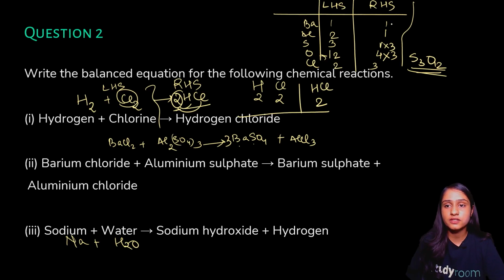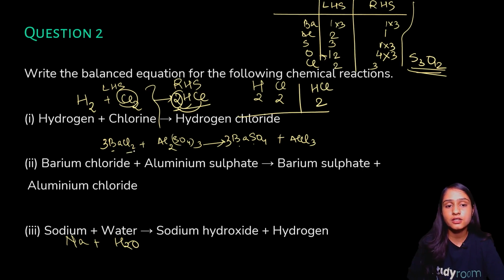What you see here is that barium got 3. Now you need to add 3 on the left hand side. So this is 3. This got 3. When you added 3 here, you need to check whether the other atoms are balanced or not. So here the 2 atoms of fluorine were present. So what will happen next?